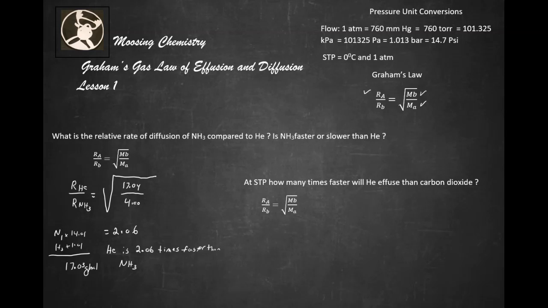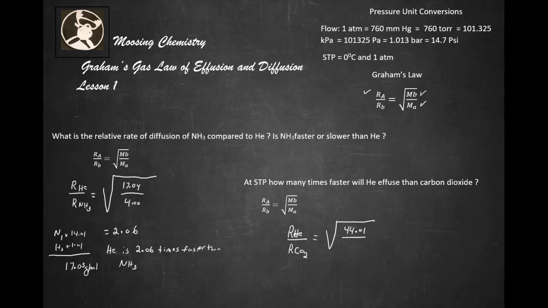We're going to look at our rates. The rate of helium over the rate of carbon dioxide equals the square root of the molar mass of carbon dioxide.